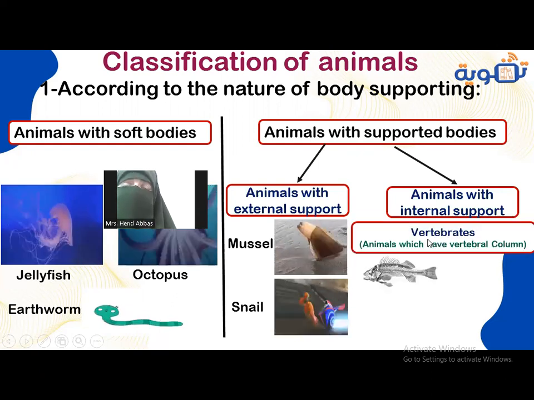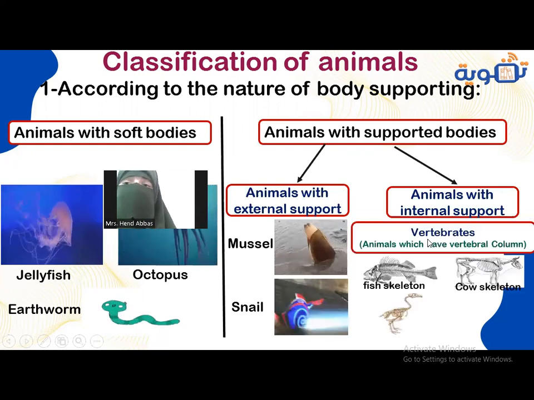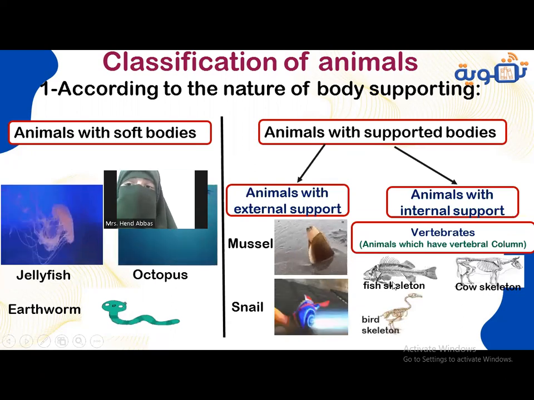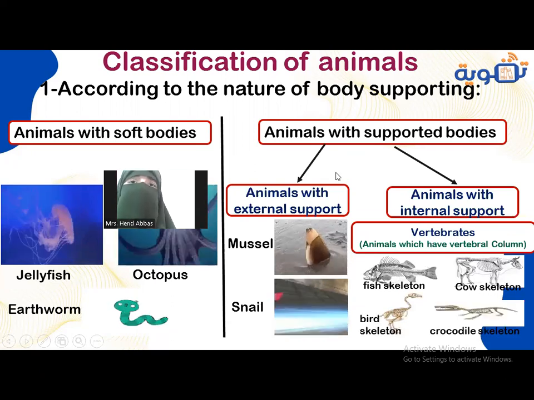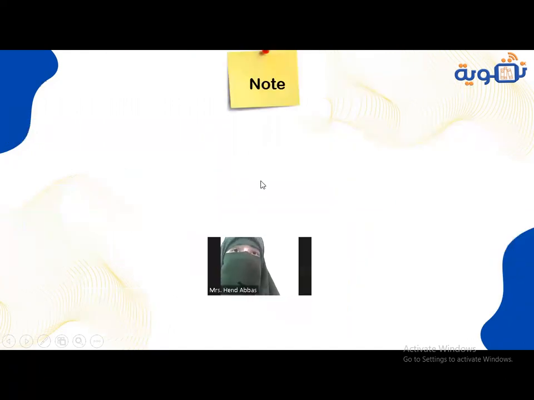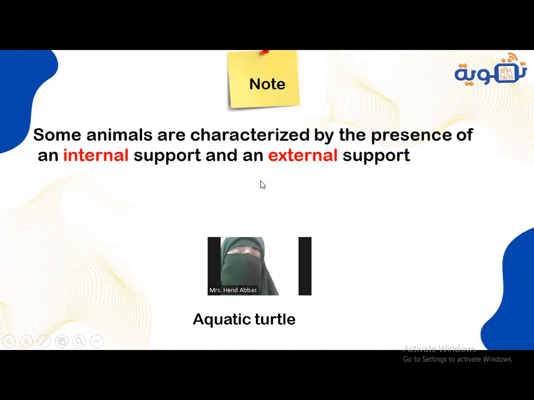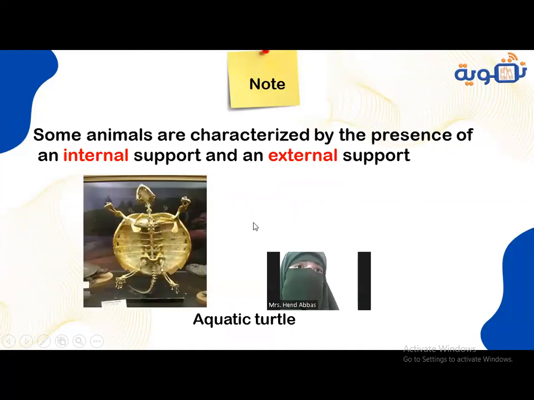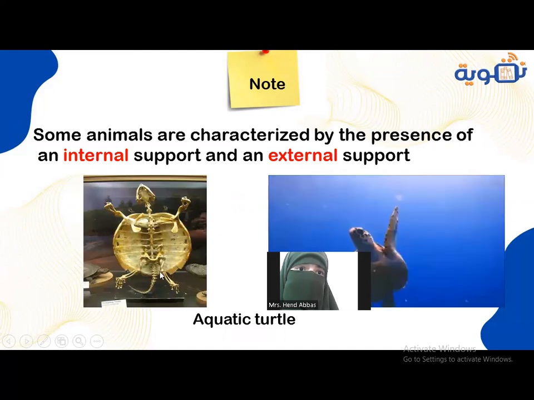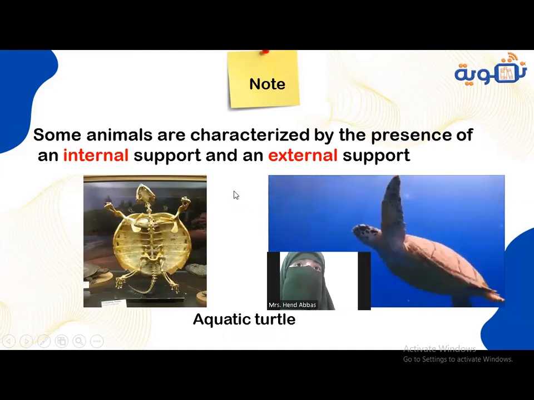All of the vertebrates, all of the fish, cows, reptiles, birds, amphibians, all of these have internal body support. There are some animals that have internal and external body support, like the turtle. Yes, see the aquatic turtle? This is the internal body support, and this is the shell, which is the external support.